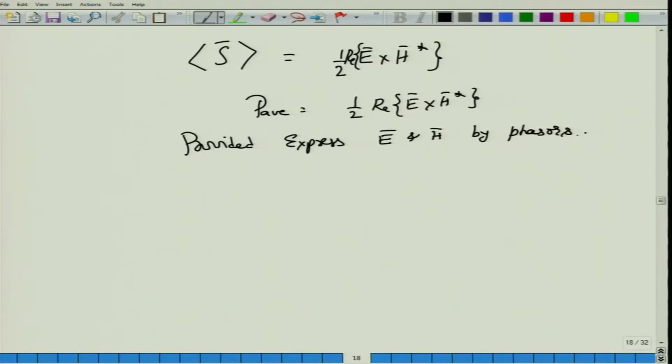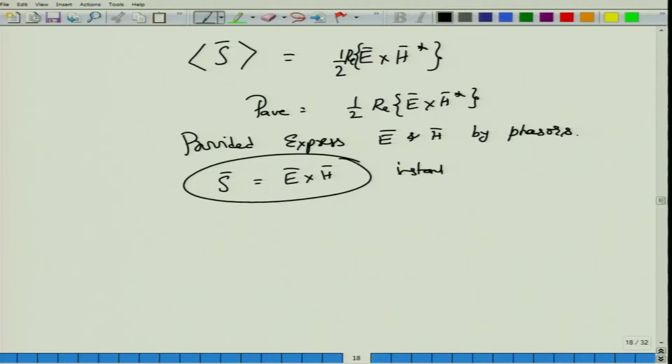So it is important that you note this is the phasor. The actual Poynting density E cross H, when you do not express E and H in terms of the phasors but in terms of the real r and t dependent fields, is called the instantaneous Poynting vector, and this is again a density only, because you go back to this one.